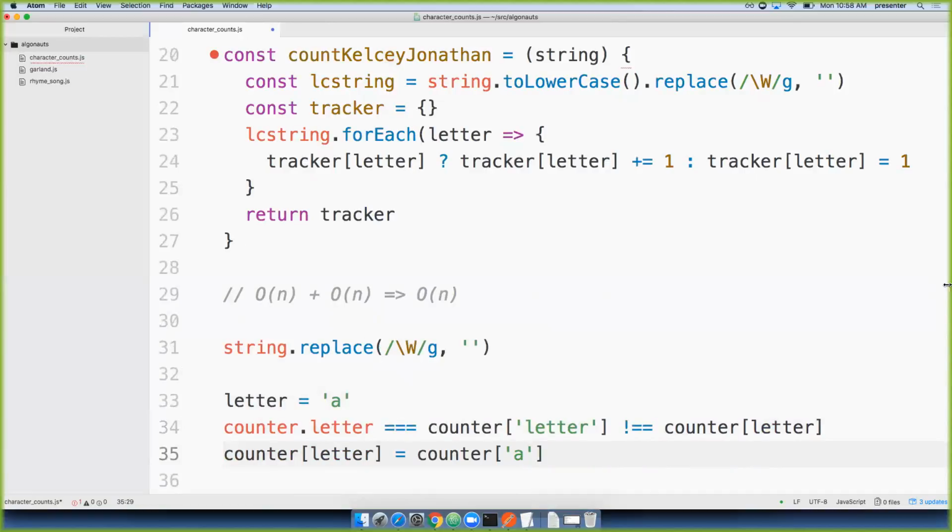That makes sense. This is subtle, definitely. Lines 33 through 35 here. Right? This, you're substituting letter with whatever it stands for. This one, you're using the literal string letter.